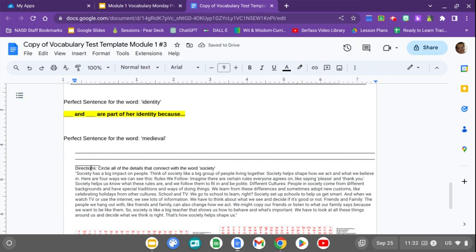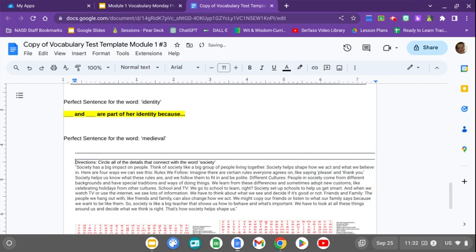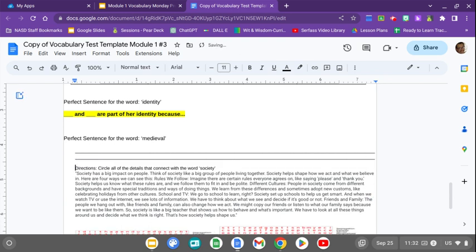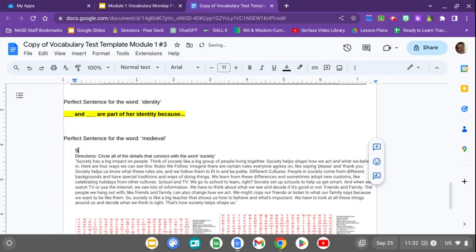What sort of social hierarchy were the citizens of the medieval ages subject to, right? All of that I'm going to put here on my perfect sentence. How many details am I eventually going to have? 5 details about the Middle Ages using the word medieval in the sentence.